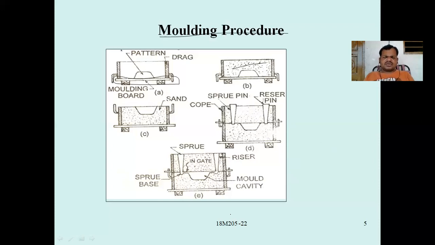Okay. Coming to the figure, here also same, we have runner and riser. This is a complete diagram of that molding procedure. This is a screw, this is a riser, and this is an ingot.